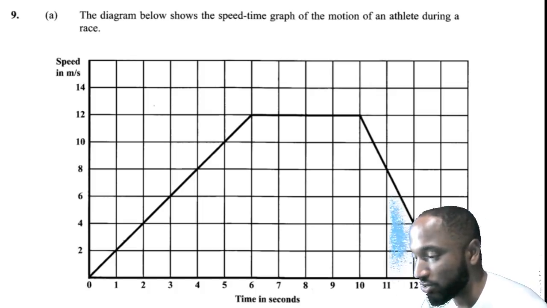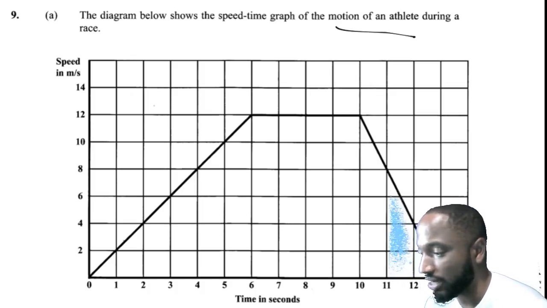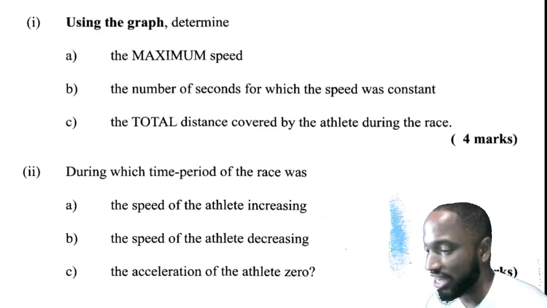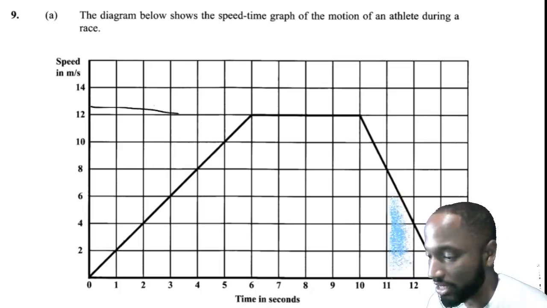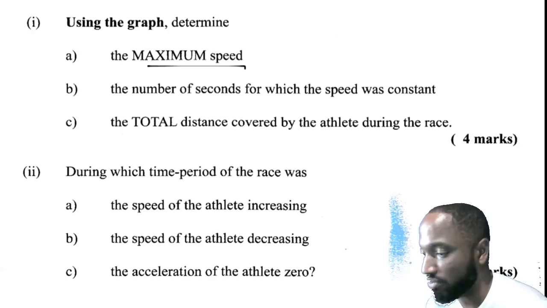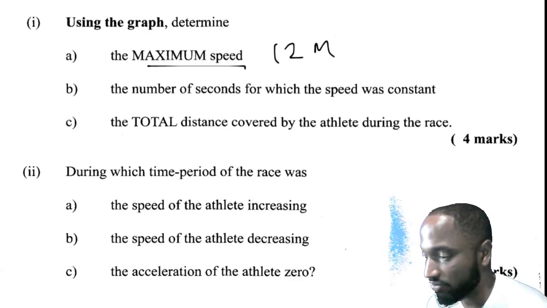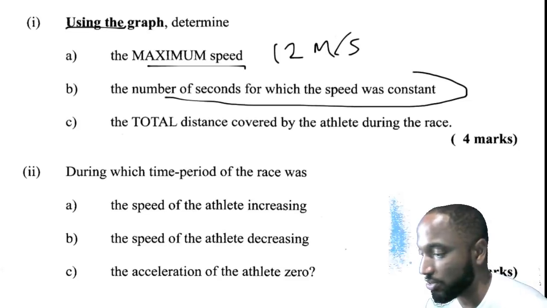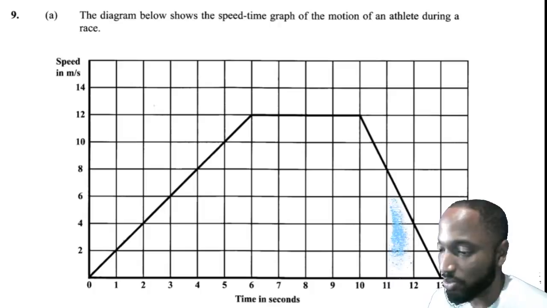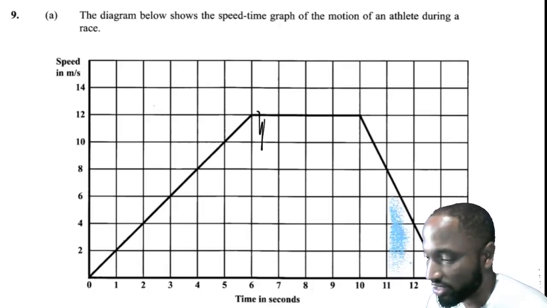The diagram below shows the speed time graph of the motion of an athlete during a race. And then they ask us a whole heap of things. The maximum speed is here because it reached the top. So that is 12 meters per second from the graph. And the number of seconds for which the speed was constant. Well, the speed was constant during this period here.